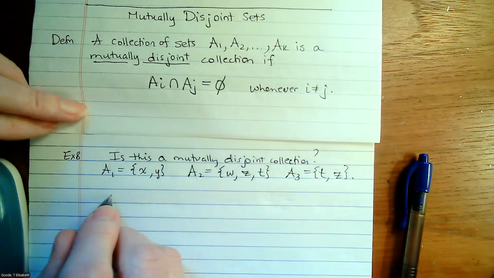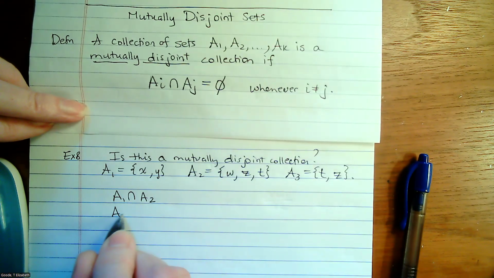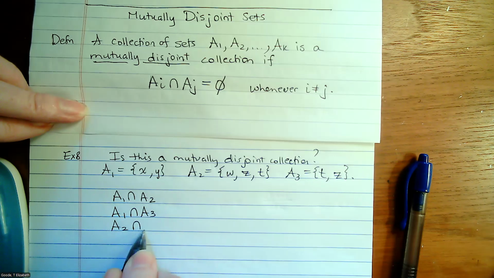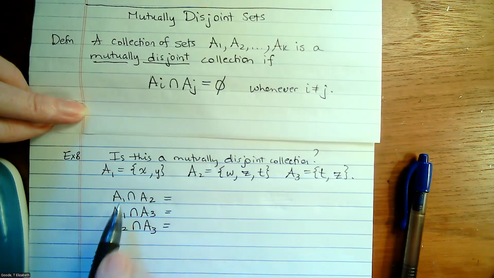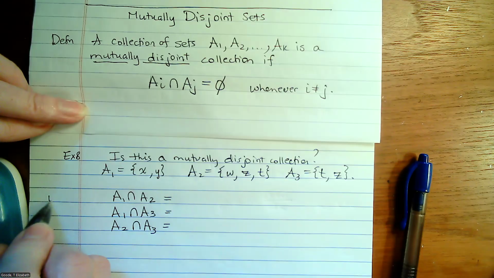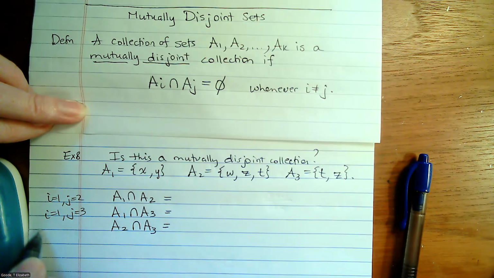To get a mutually disjoint collection, we check A1 intersect A2, A1 intersect A3, and A2 intersect A3. We need to get the empty set, because here i is 1, j is 2; here i is 1, j is 3; here i is 2, j is 3.